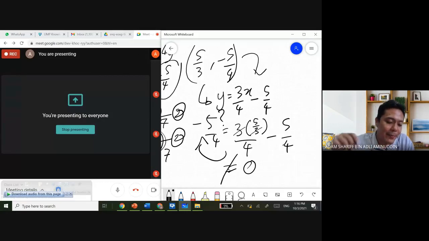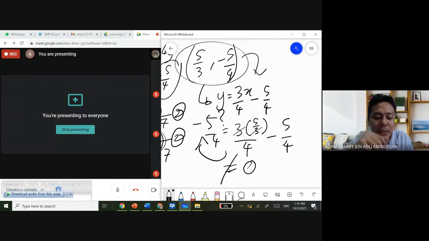So jawapan saya kepada Arif, saya tak nampak nama awak, saya rasa Arif. 5/3 negatif 5/4 ni dia bukannya dalam equation yang pertama tu. Solution kamu tu, dalam pengiraan kamu tu mungkin ada berlaku sedikit kecuaian, tetapi koordinat 5/3 negatif 5/4 dia tidak berada dalam equation nombor 1. Dia berada dalam equation straight line yang lain. So koordinat tu tidak munasabah. Kamu kena check balik.